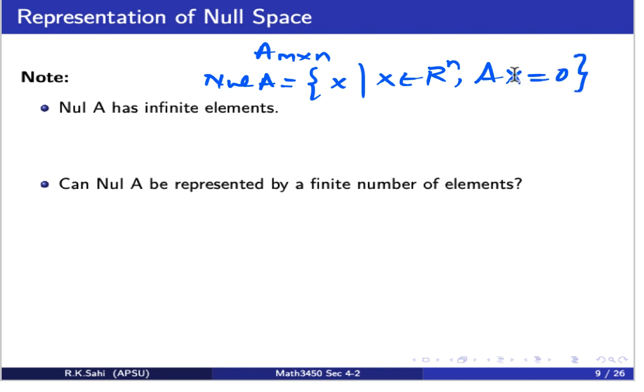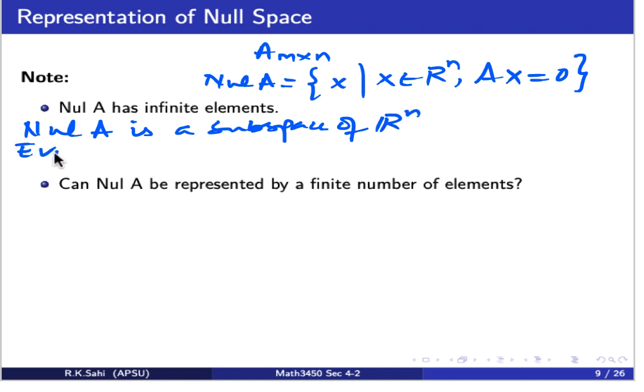Now, in a very general form, it is a subspace, okay? Clearly, we just proved that it is a subspace. Subspace means every subspace is a vector space. Remember that, okay? It has infinite elements. What did we just prove? That the null space of A is a subspace of Rn.